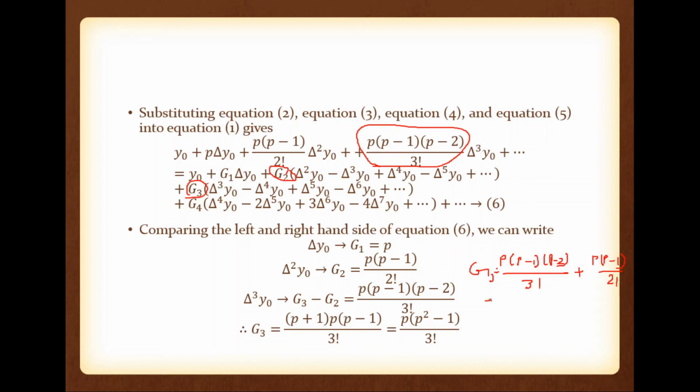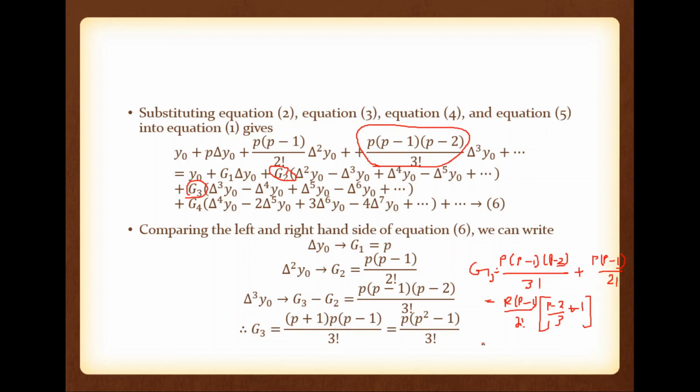Equal to, so here p into p minus 1 divided by 2 factorial is a common term. So p into p minus 1 divided by 2 factorial is common. Now here what is left? p minus 2 divided by 3, plus here we have 1.